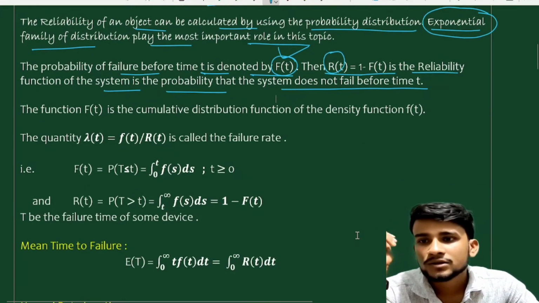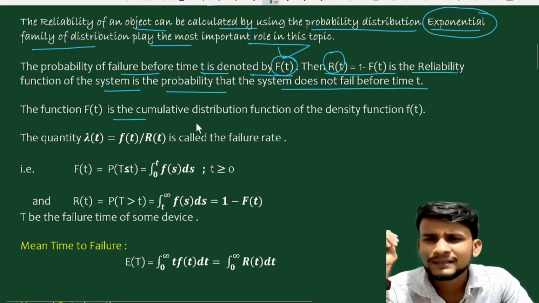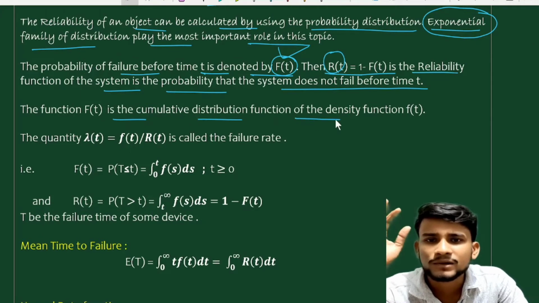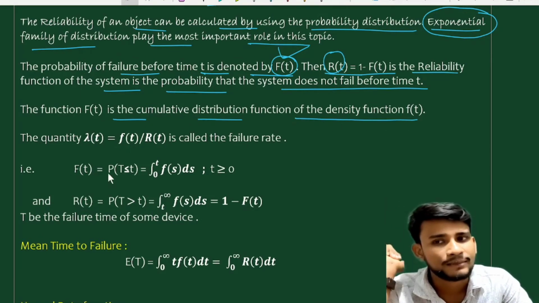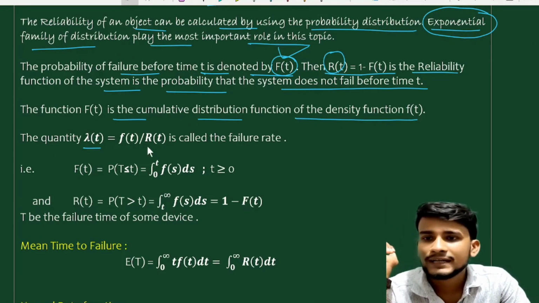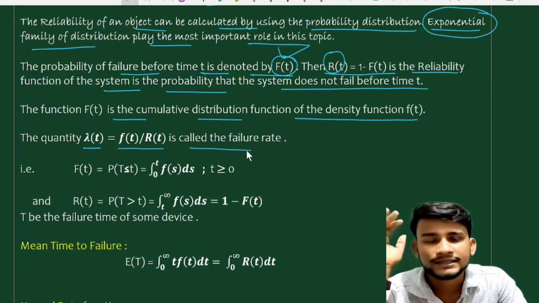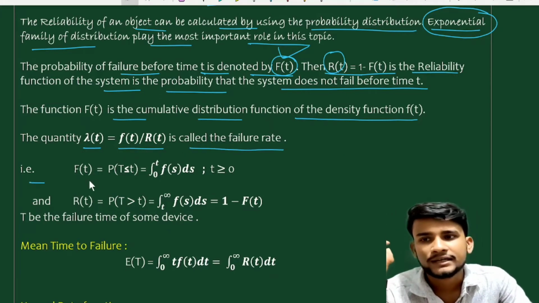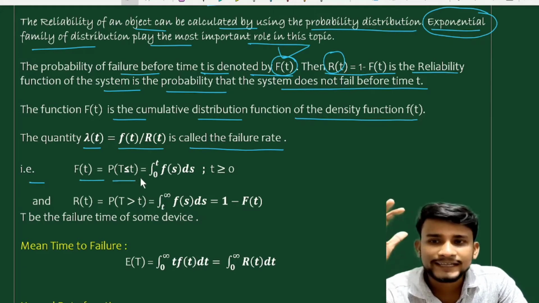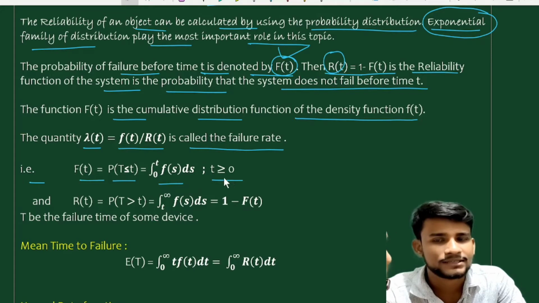The function F(t) is the cumulative distribution function of the density function f(t). The quantity lambda(t) equals f(t) by R(t) is called the failure rate. That is, F(t) equals the probability that T is less than or equal to t, which equals the integral from 0 to t of f(s) ds, where t is greater than 0.